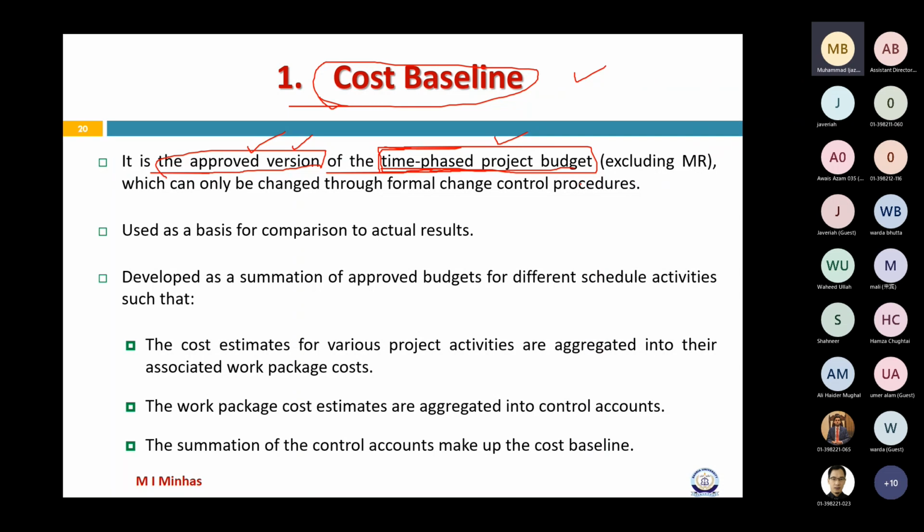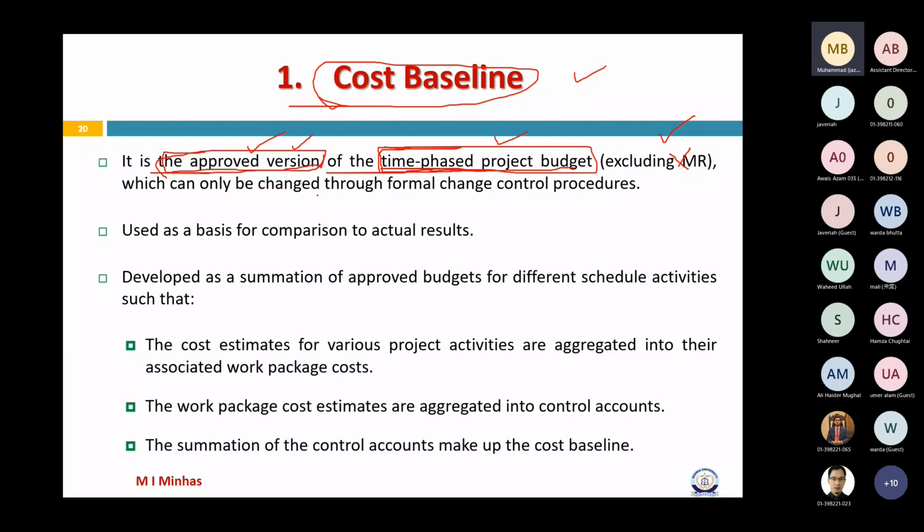So cost baseline is an approved version. This is one thing. Second thing, it is mapped over the schedule of the activities. That means these are time phased, but these do not include management reserves. Neither in sixth edition nor in the seventh edition are management reserves part of it, right? Now, since it is approved, that means we cannot make any changes in the cost baseline on our own.